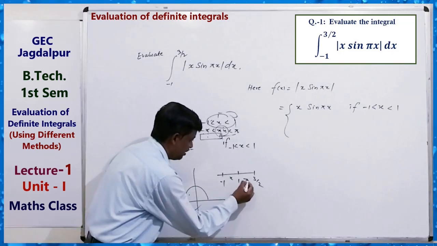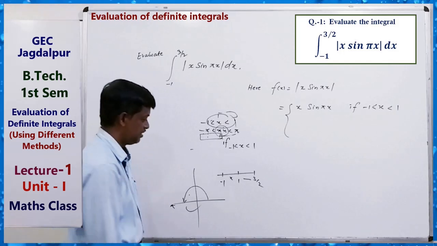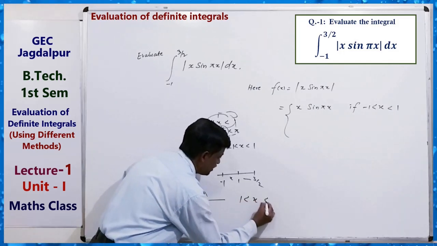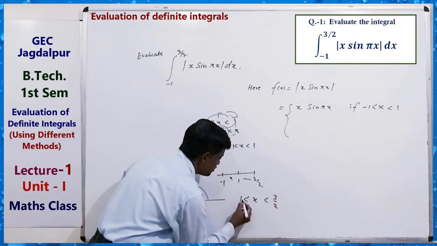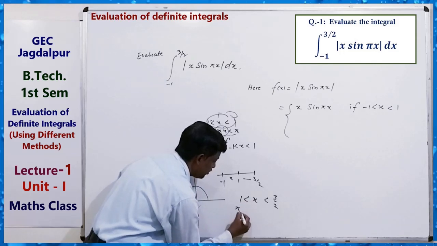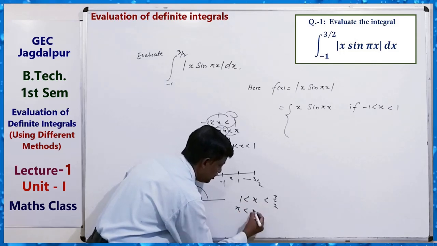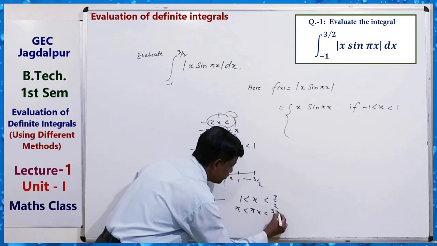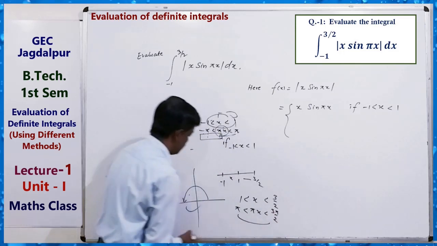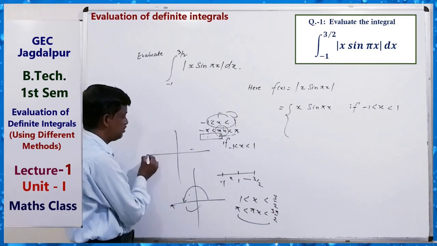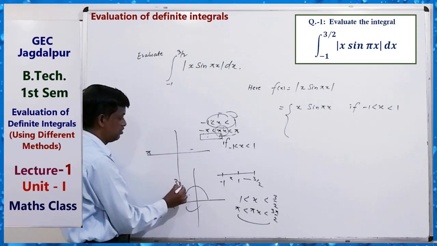And in this interval, 1 less than x less than 3 by 2, so just multiply by pi, pi x is less than 3 pi by 2. Pi to 3 pi by 2, this is pi, this is 3 pi by 2.